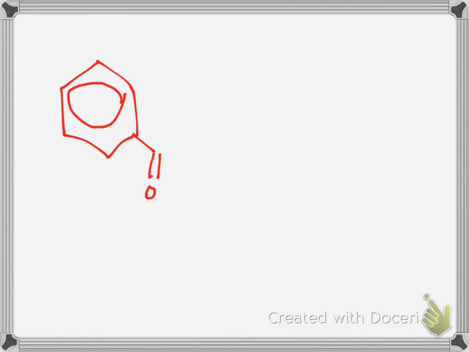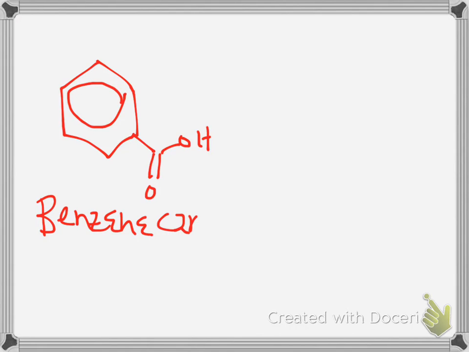This time I'll draw one. Okay, I didn't draw it well, but that's all right. So we have a benzene group, and so this would become benzene carboxylic acid.